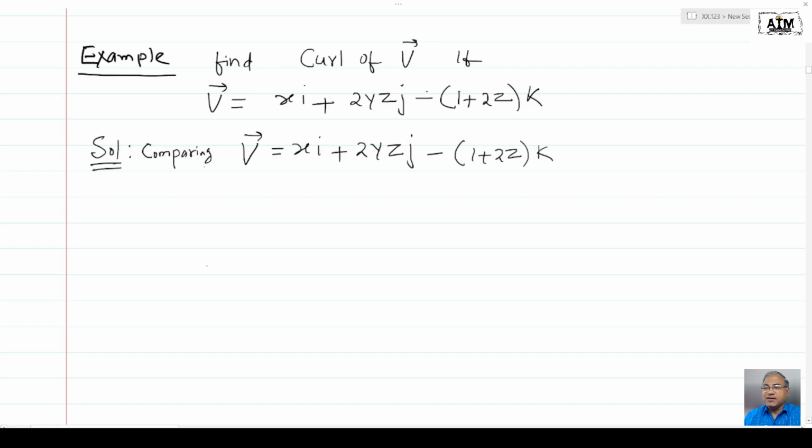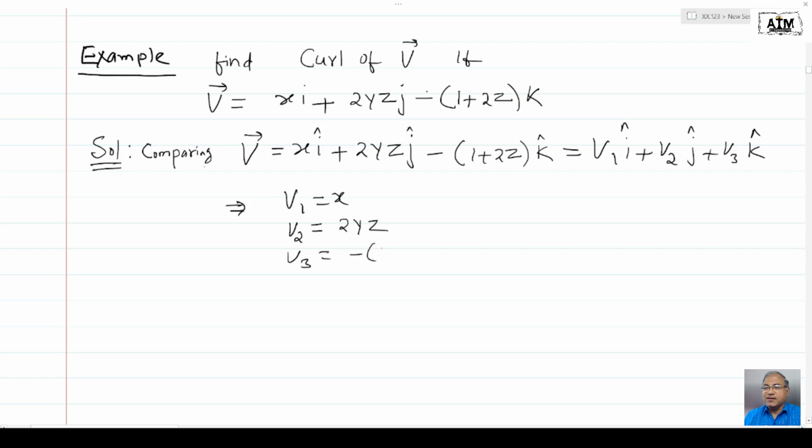Here is the solution. Comparing vector v with v1 i plus v2 j plus v3 k, where i, j, k are unit vectors, i cap, j cap and k cap, it implies v1 equals x, v2 equals 2yz and v3 equals minus (1 plus 2z).